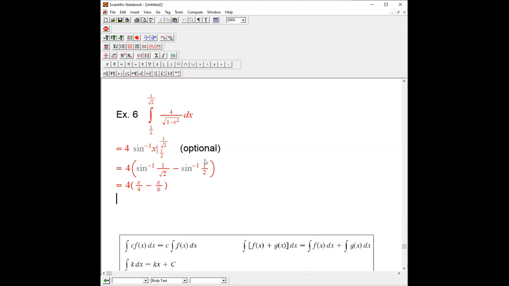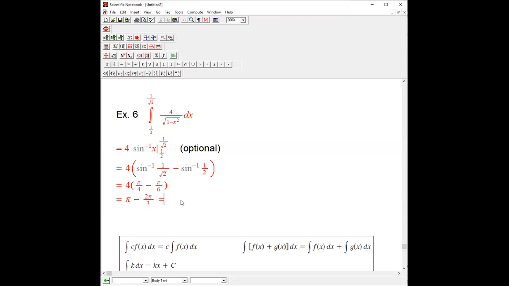And you are certainly expected to simplify this, right? So you can multiply 4 inside, and minus 2 pi over 3, and so in the end it is pi over 3.